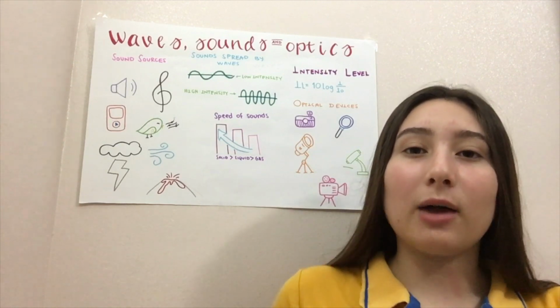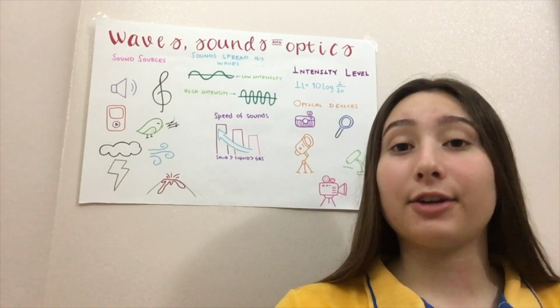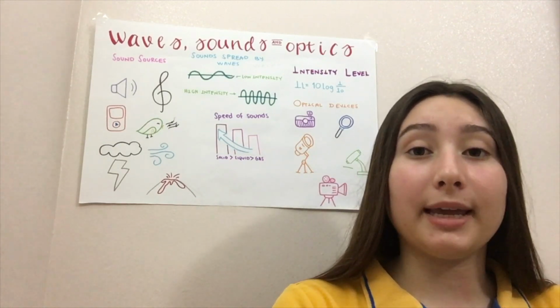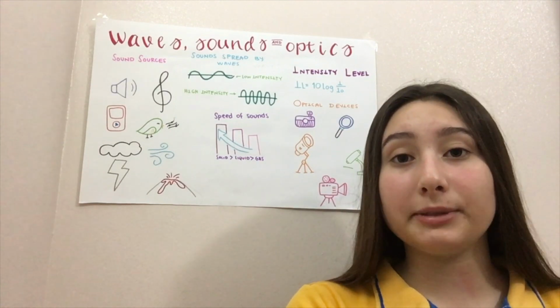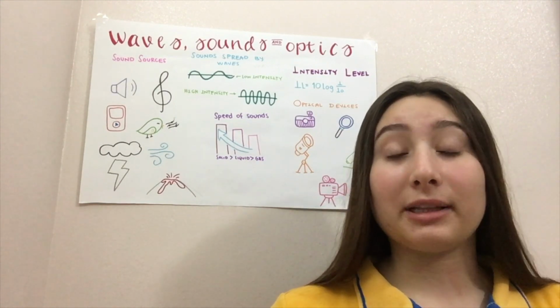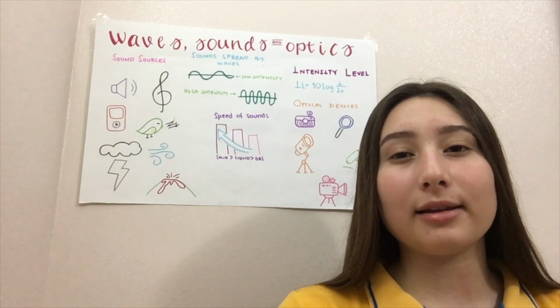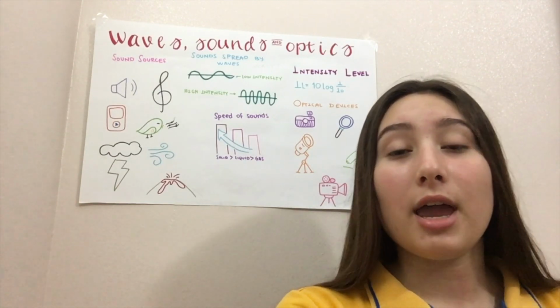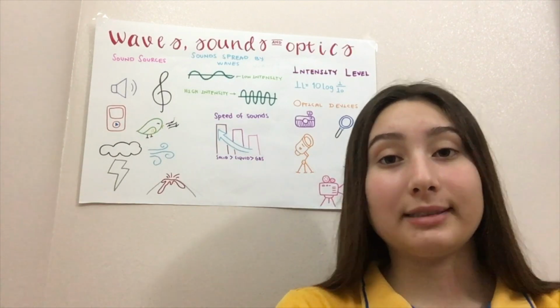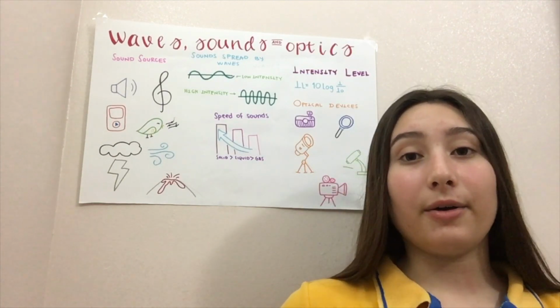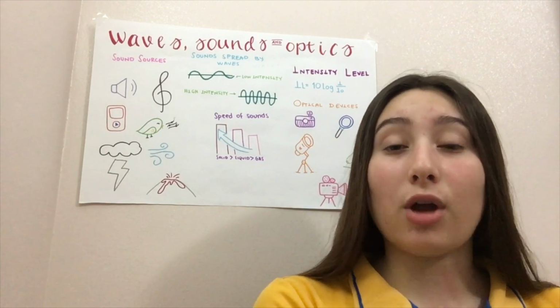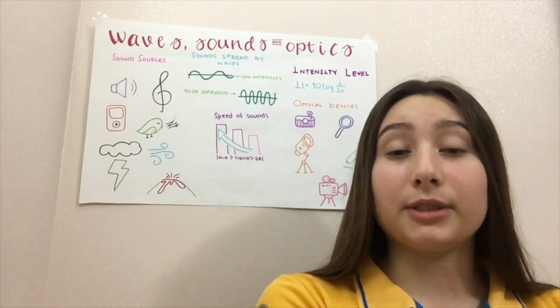Now, the speed of sound is a term used to describe the speed of the sound waves passing through a material medium. At sea level, under normal atmospheric conditions and at a temperature of 21 degrees Celsius, the speed of sound is 344 meters per second.